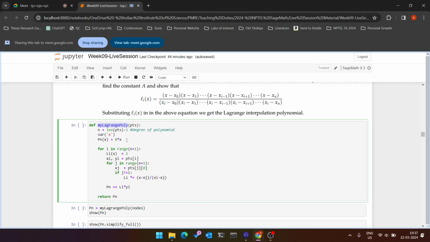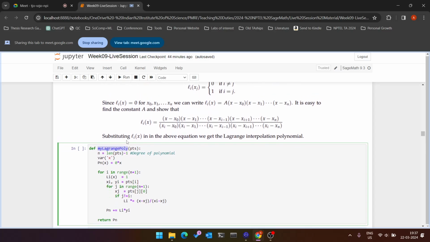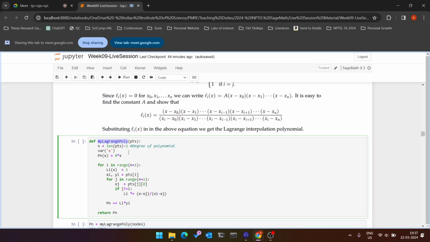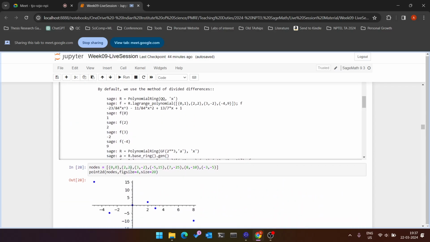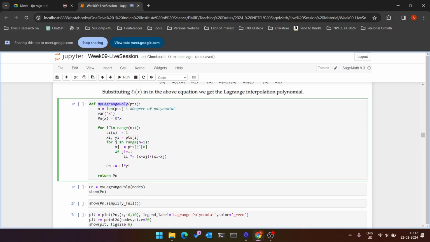Then for i in the range of n plus 1. So basically here we have 7 points, so n will be 6 and i will move in the range of 7. So i will go from 0 to 6. So this covers all the points.